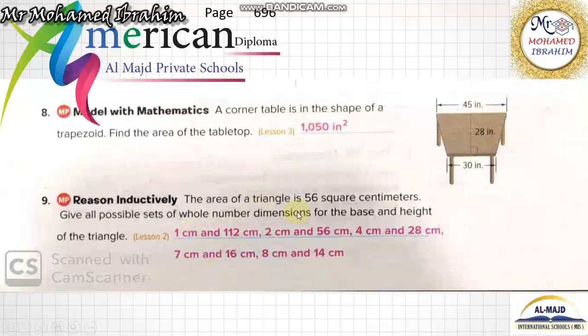The area of a triangle is, this is number 9. The area of a triangle is 56 square centimeters. We have the area here. Give all possible sets of whole numbers dimensions for the base and the height of the triangle. Actually, number 9 is for the smart student.